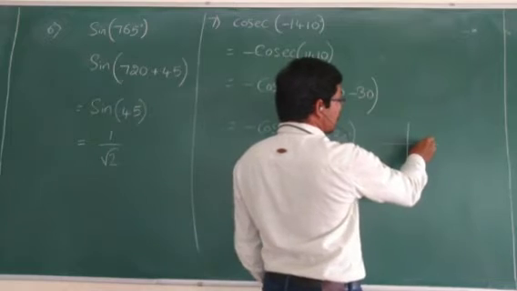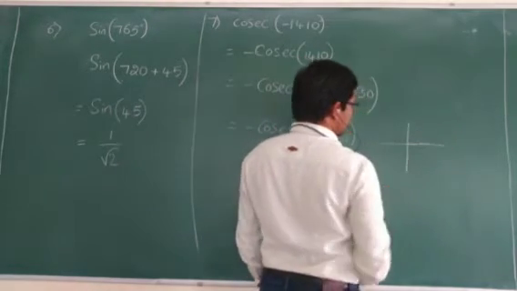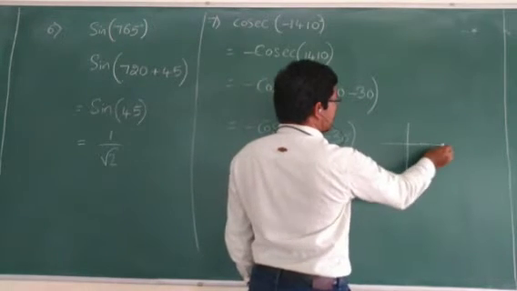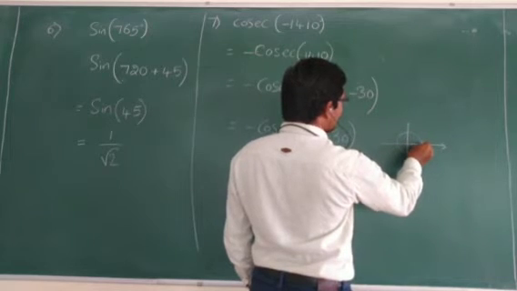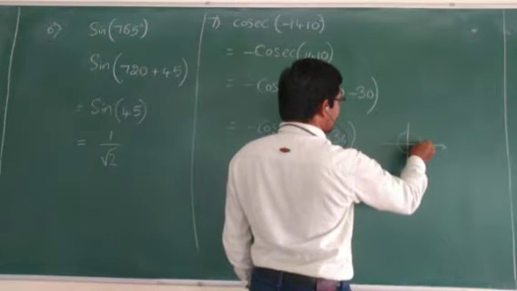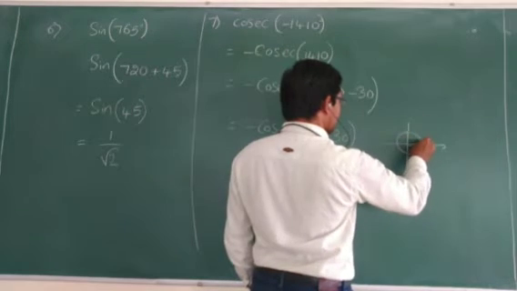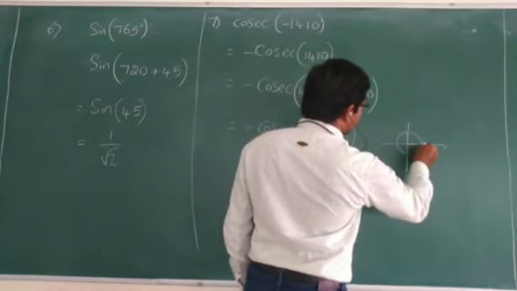Here 2 pi, 4 pi, 6 pi, 8 pi will come here only. That is complete revolutions. Always we start from here only. 2 pi, again you take 4 pi, one more revolution 6 pi, one more revolution 8 pi. 8 pi will come here.